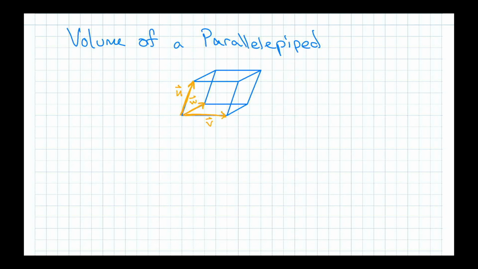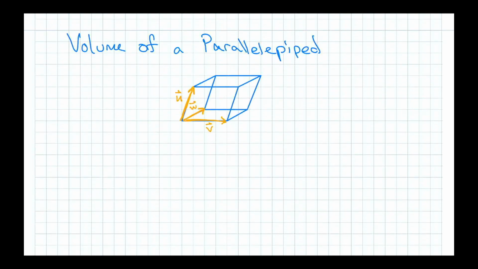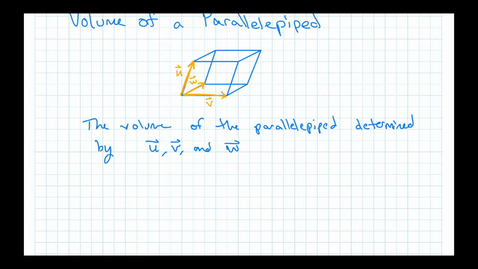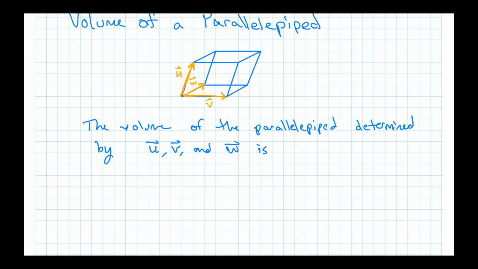So let us write that. The volume of the parallelepiped, I'm going to be cheaty here and just say determined by u, v, and w, just so I don't have to write adjacent edges and so on. And it's not quite the triple scalar product.